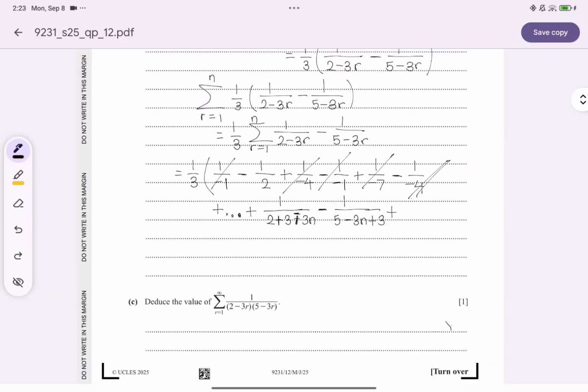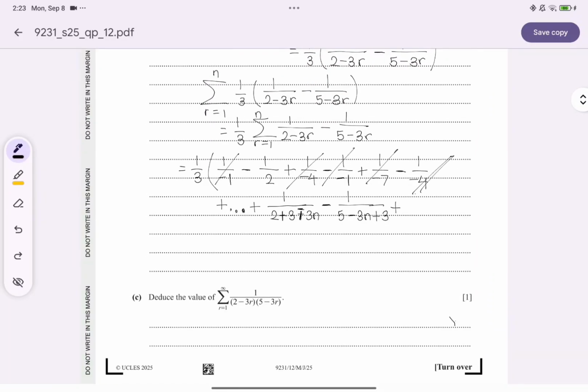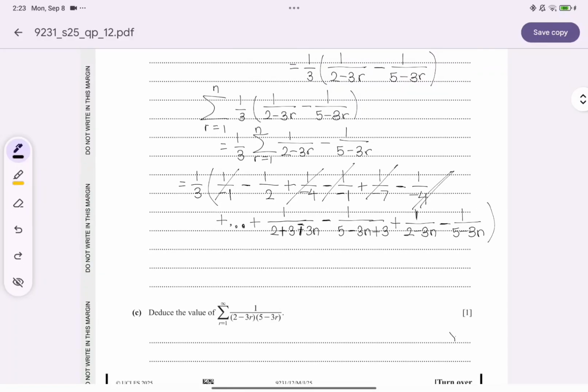Okay, now let's just substitute r equals n, which is the final term of this summation. So this would be 1 over 2 minus 3n minus 1 over 5 minus 3n. So let's see whether we can cancel any terms out here. As we can see, 5 minus 3n plus 3, that's just 8 minus 3n.